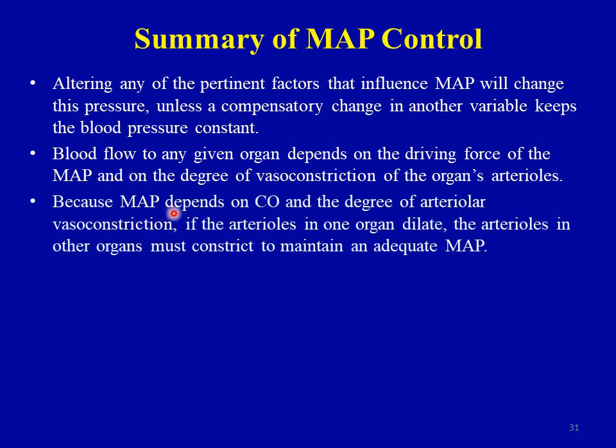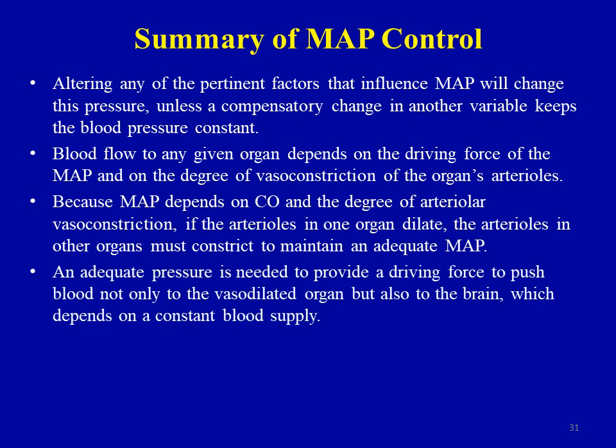Because mean arterial pressure depends on cardiac output and the degree of arteriolar vasoconstriction, if the arterioles in one organ dilate, the arterioles in other organs must constrict to maintain an adequate mean arterial pressure. Because if the blood vessels in all organs dilate at the same time, this will lead to dramatic decrease in the total peripheral resistance and dramatic fall in the mean arterial pressure.